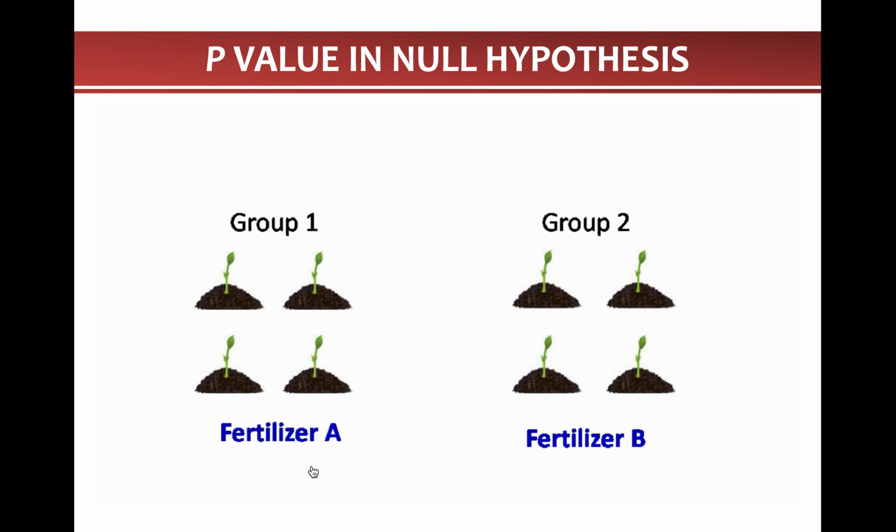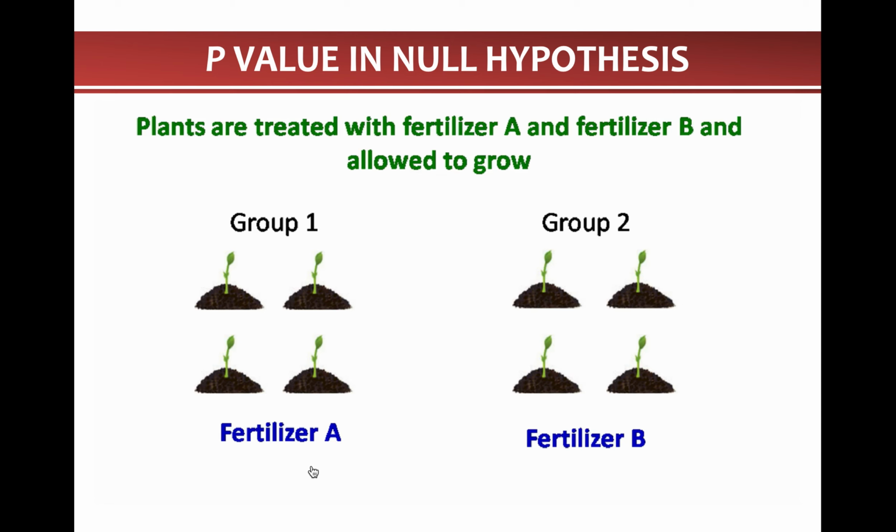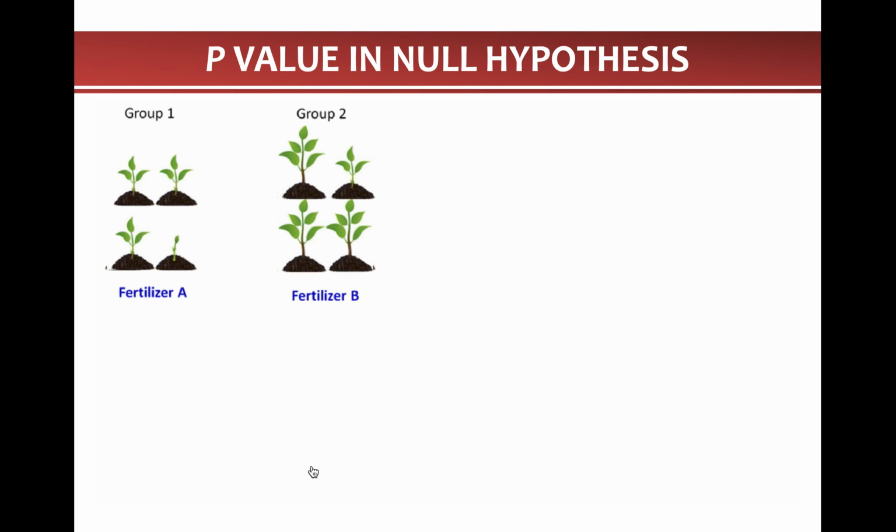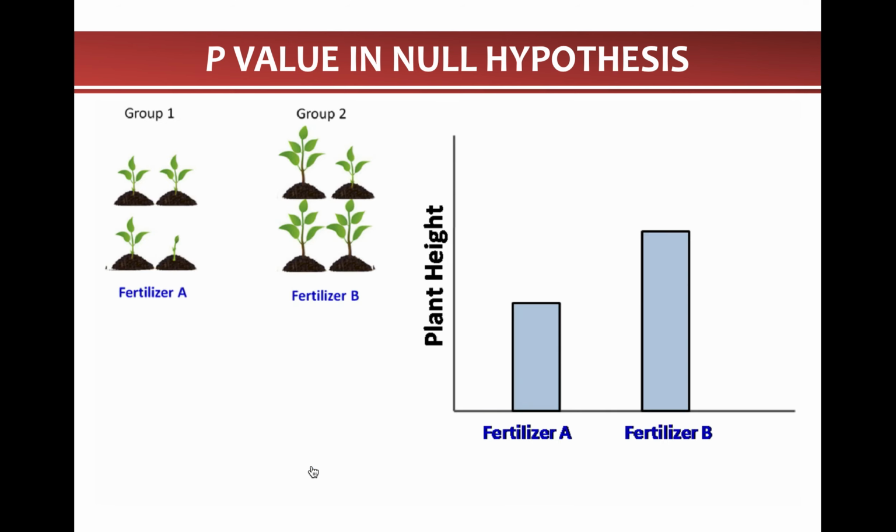Okay, let's take an example of the t-test. The t-test is used for the comparison of means. Let's consider the previous experiment where the plants were given fertilizer A and fertilizer B. Say a graph represents the mean and the standard deviation in the height of the plant.